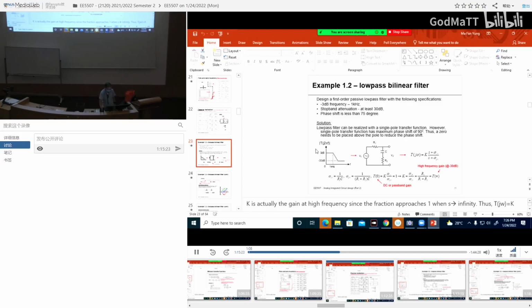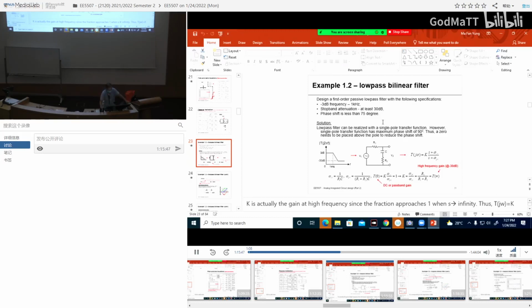Low pass means I have 0 dB. Passive element means there's no possibility of gain. Because I'm using all passive elements, I cannot have a gain greater than my input. This is simple physics. If I use passive, there's no energy source, you cannot increase the gain.